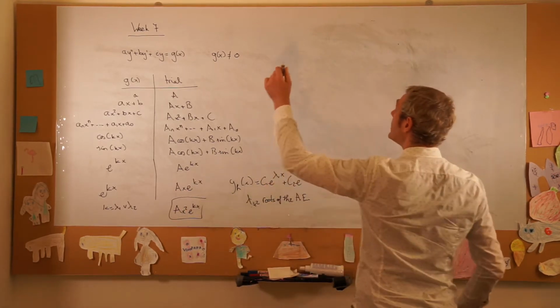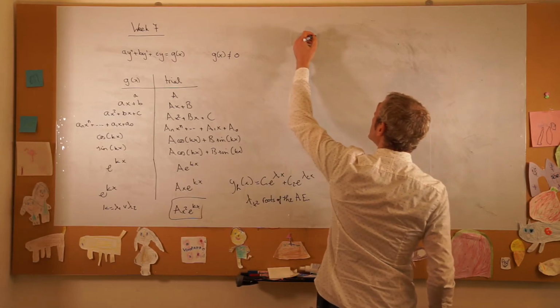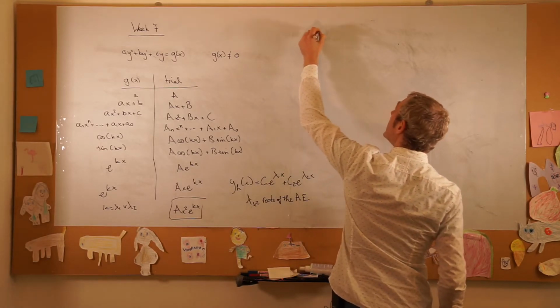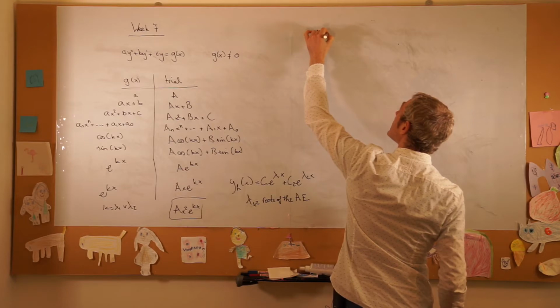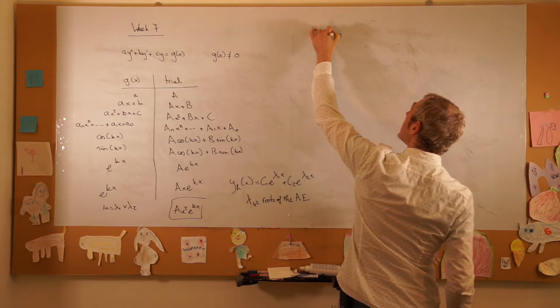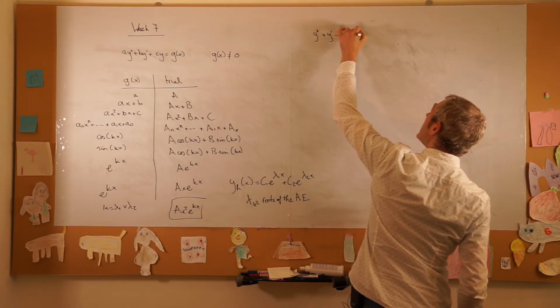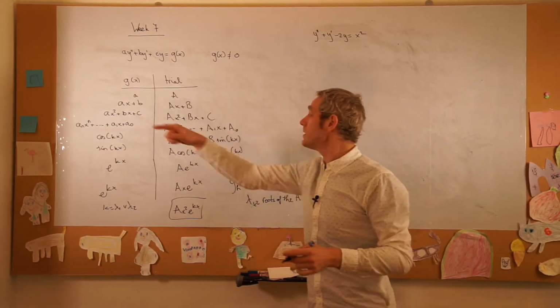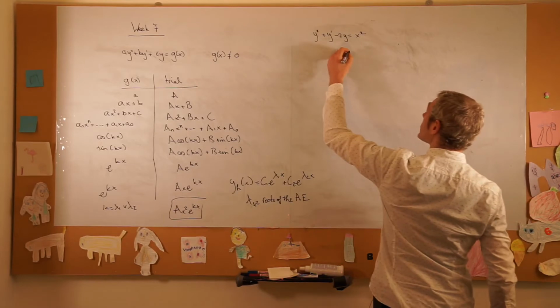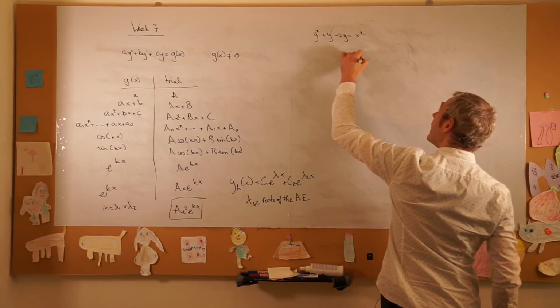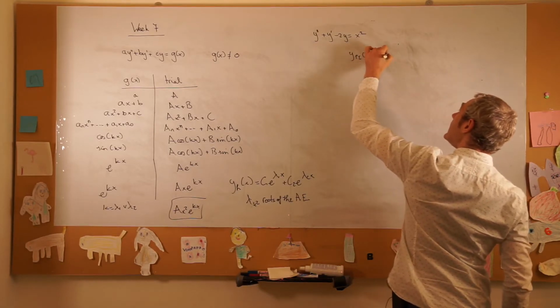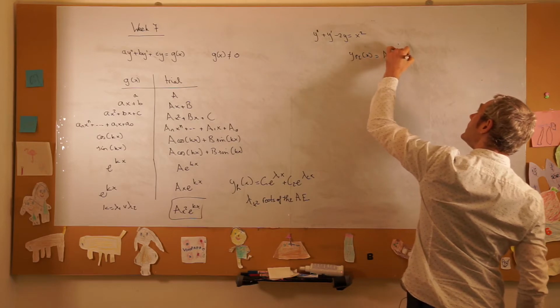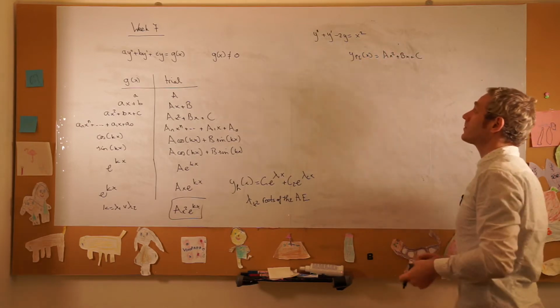So if we have, for example, y double prime plus y prime minus 2y is equal to x squared, we have a second order equation, and we try as our trial solution y_p of x is ax squared plus bx plus c.